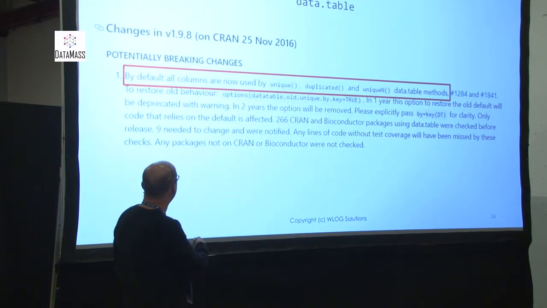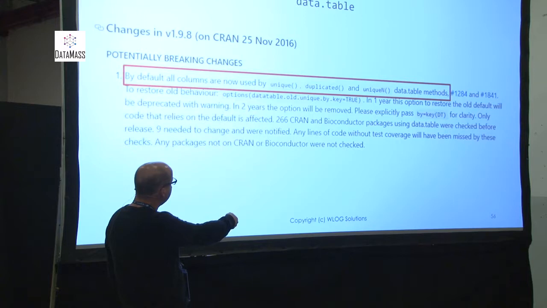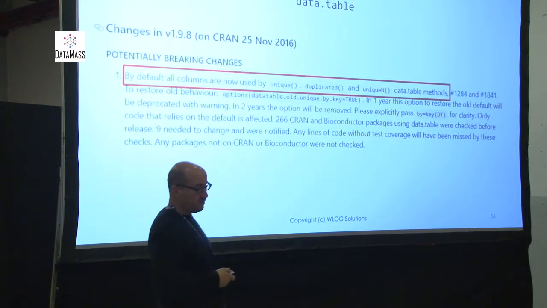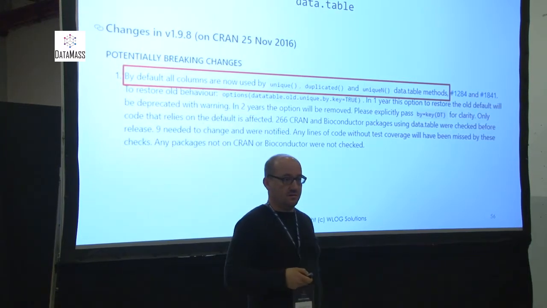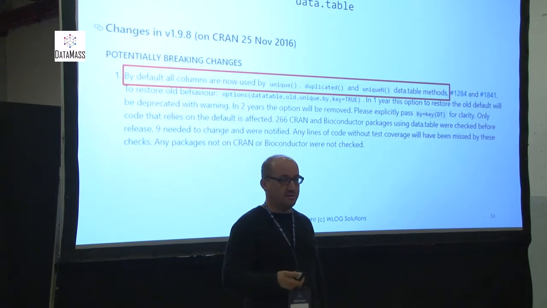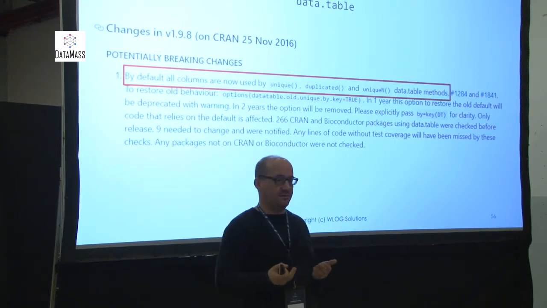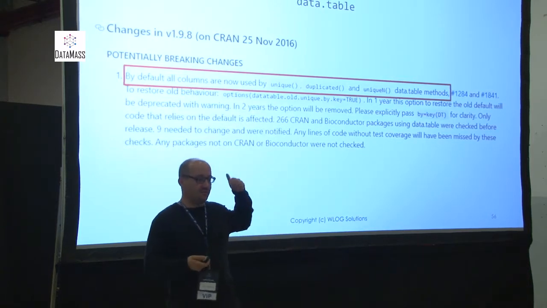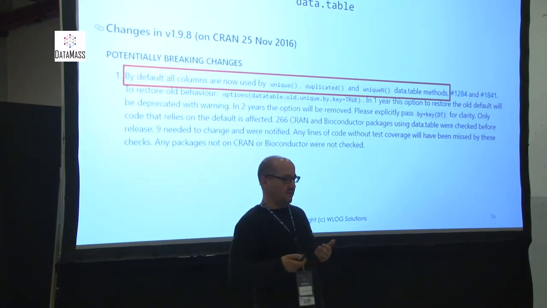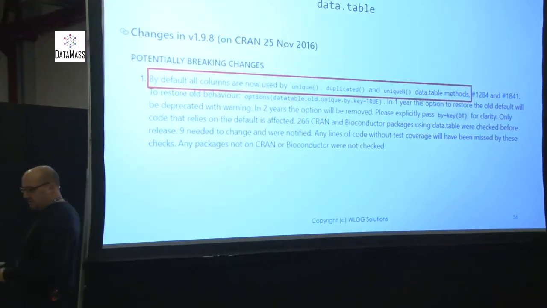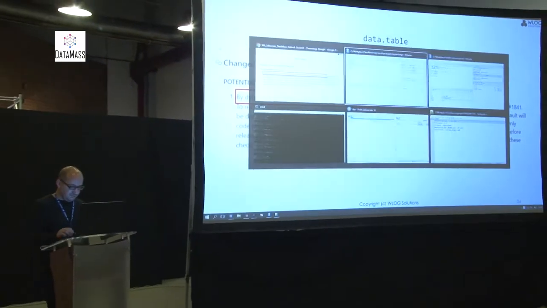And what he did, he changed that. Before he was using a key to answer the question, and after the change he was using the whole row. So it's completely different functionality. That's why you have to control the version of the package. Okay?